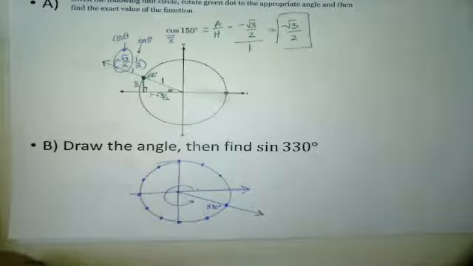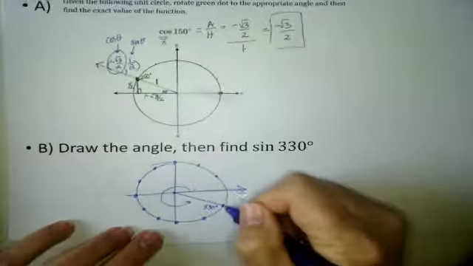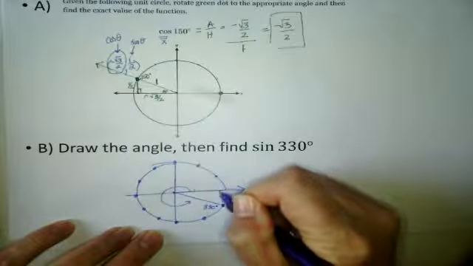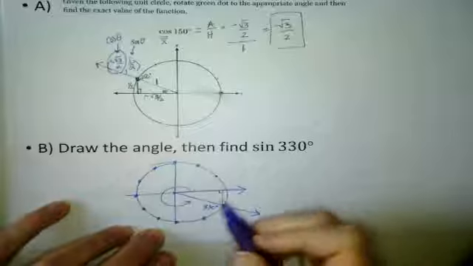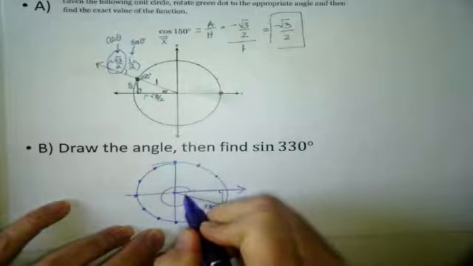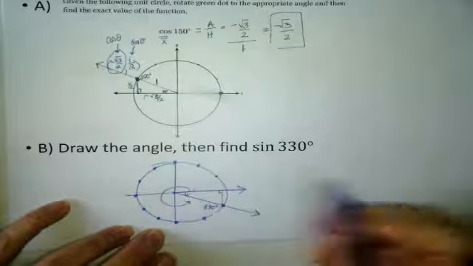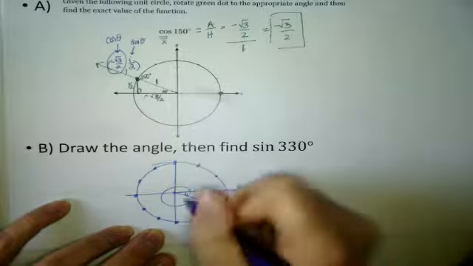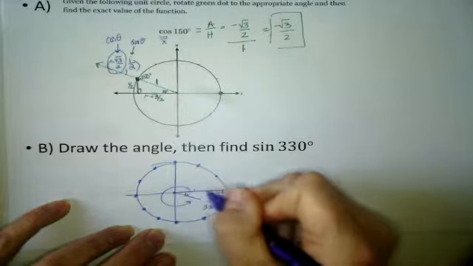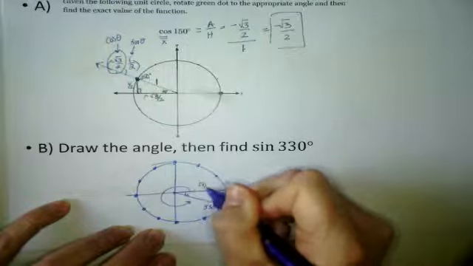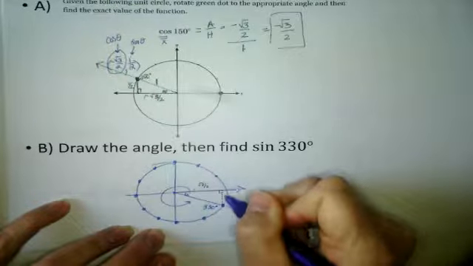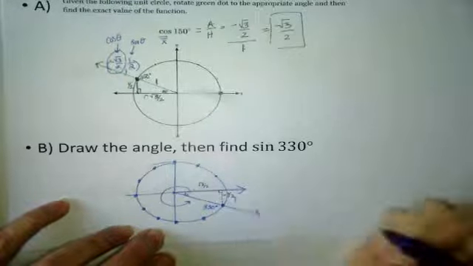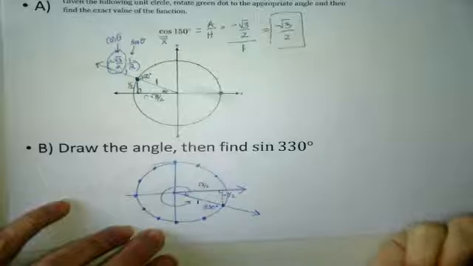And if I were to drop my little altitude, then I can clearly see that I have a little 30-degree reference angle here, which means I have a long leg of radical 3 over 2 and a short leg that's going downward, so negative 1/2. And of course, this is the unit circle, so I have a hypotenuse of 1.